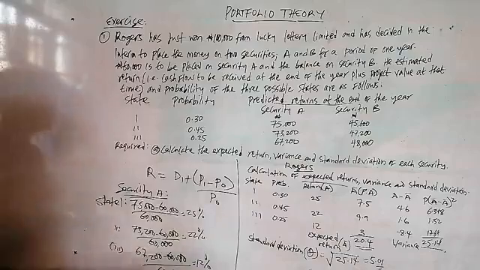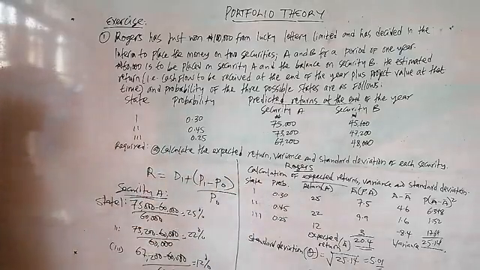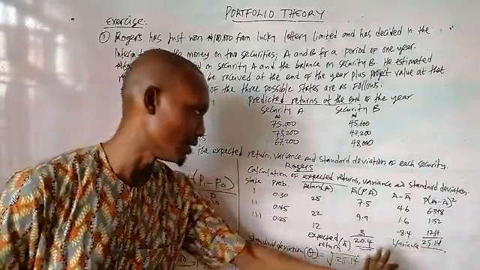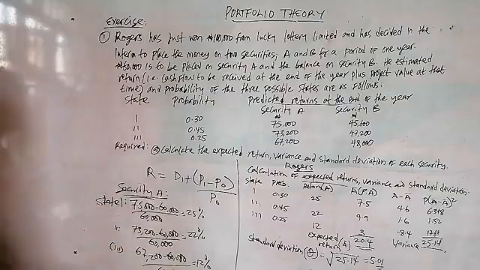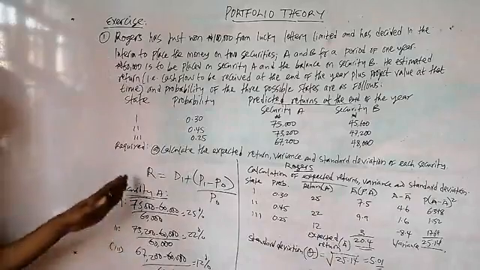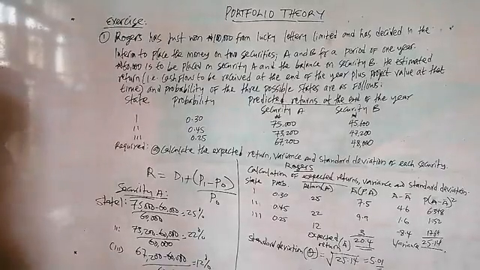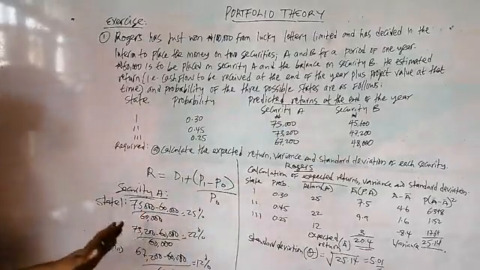So this is what we have appraised for project A. Project A has been appraised in this form. This is how to calculate expected return, most especially for projects having a particular value at the end of the period and a purchase price at the beginning.